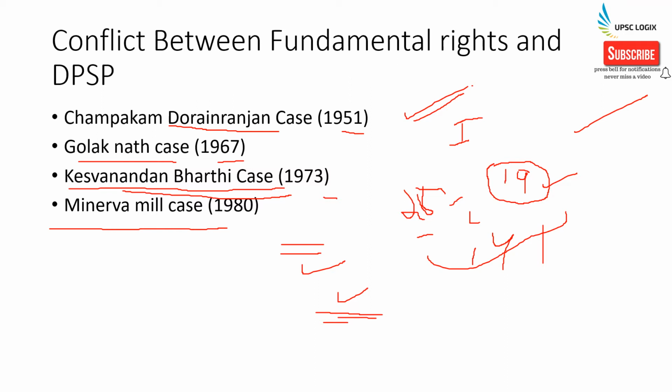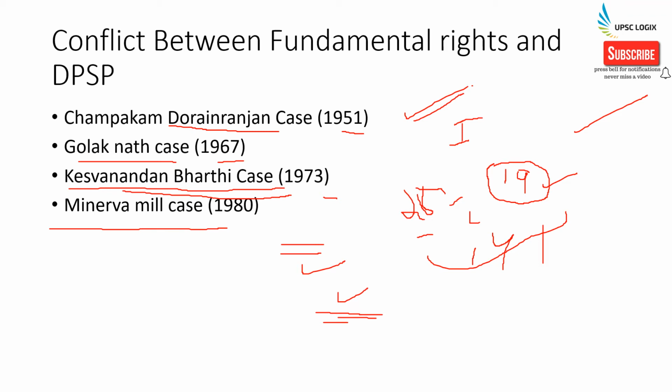So this particular extension was declared as unconstitutional and invalid by the Supreme Court in 1980. What it means is that the directive principles were once again made subordinate to the fundamental rights. But the fundamental rights conferred by Article 14 and 19 were accepted as subordinate to directive principles specified in Articles 39B and C. Further, Article 31, right to property, was abolished by the 44th Amendment Act, 1978.